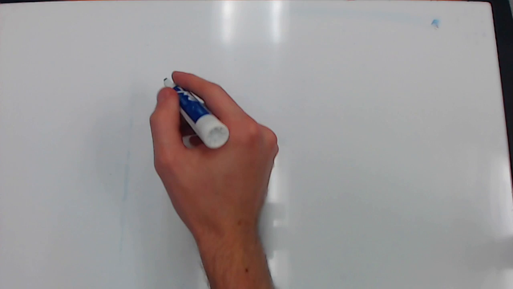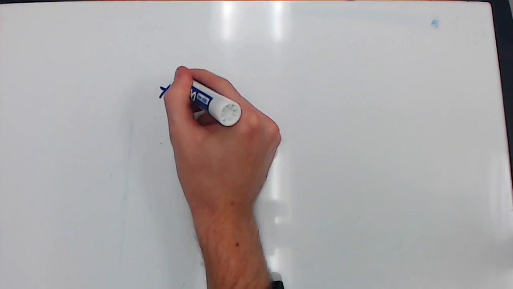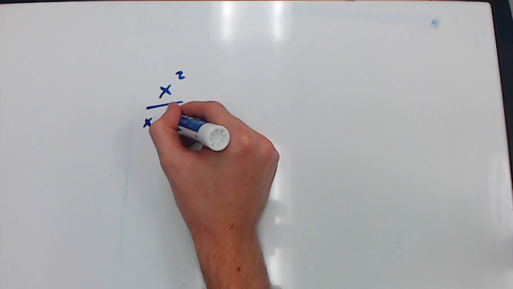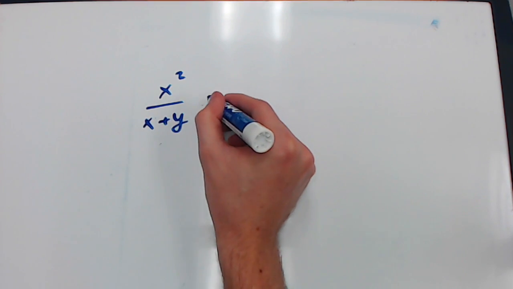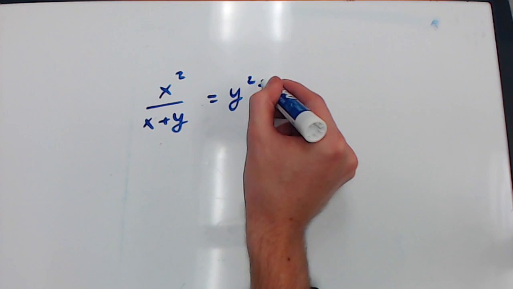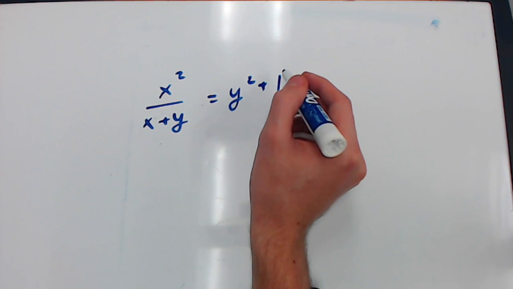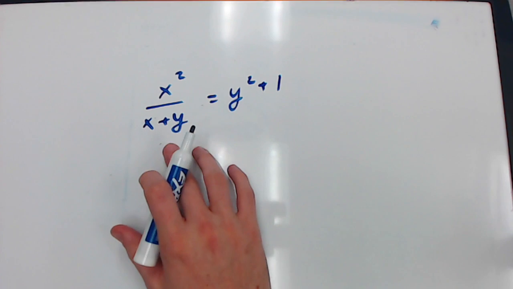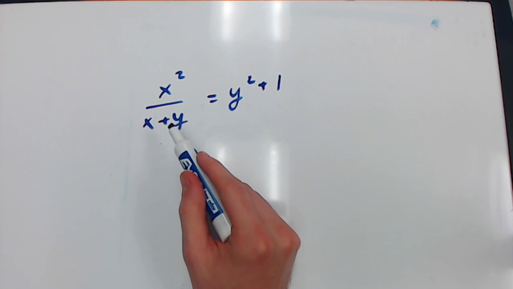So let's do some more difficult examples together. So we have x squared divided by x plus y equal to y squared plus 1. All right, so let's take the derivative, and keep in mind that we are going to have to use quotient rule right here.